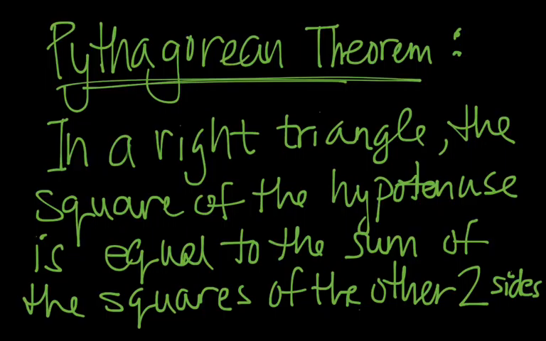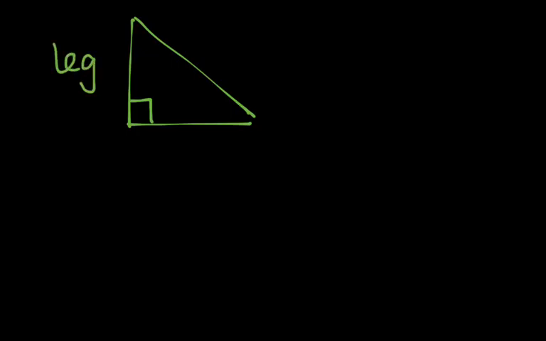Okay, so now continuing on to this, I don't have room here, but we're going to go ahead and take a look at this in a picture. So if I have a right triangle, my right angle is along the legs. And this is my hypotenuse.